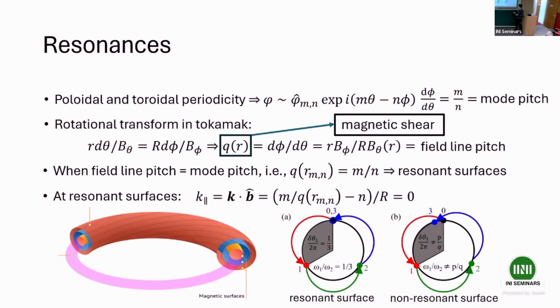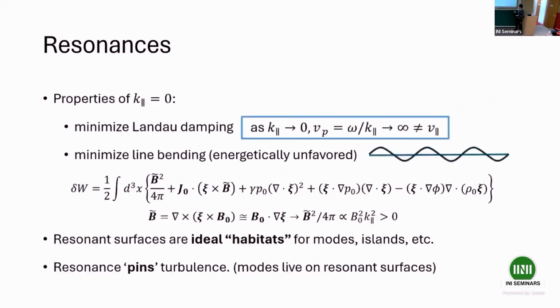You may ask why the resonant surfaces are so important, why I spend so much time explaining the definition. It's because on resonant surfaces, since plasma modes and magnetic field are resonant, the parallel wave number of the plasma mode along the mean field line is equal to 0. So why k parallel equals 0 is a big deal, because it can minimize Landau damping.